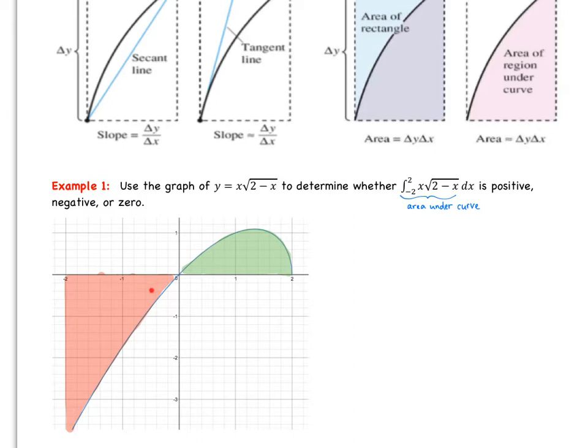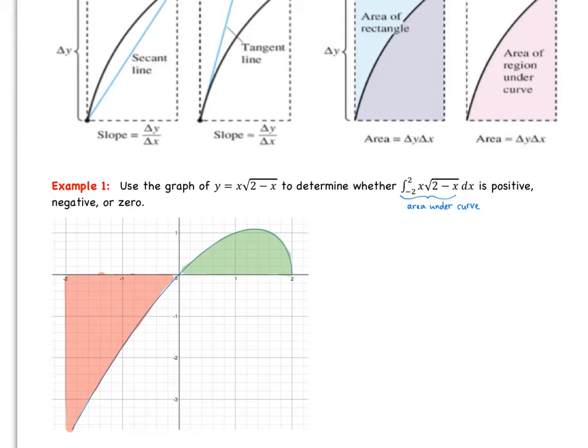So I highlighted this portion of our area in red. Why? Because that is the area between our curve and the x-axis that is below the x-axis. So this part is a negative area, whereas I highlighted this portion in green because it is above that x-axis.